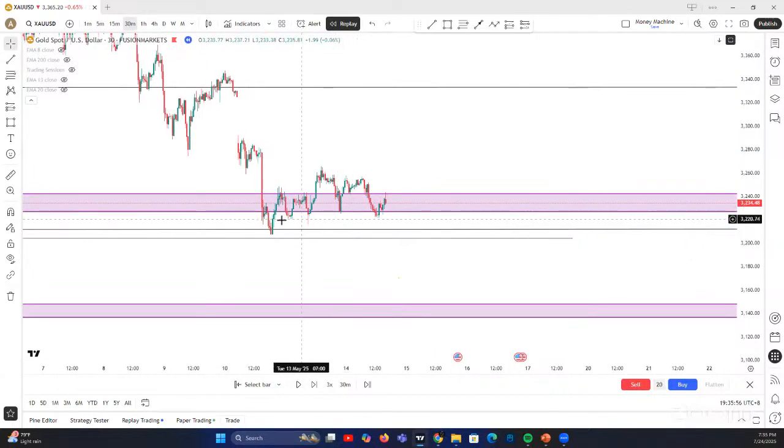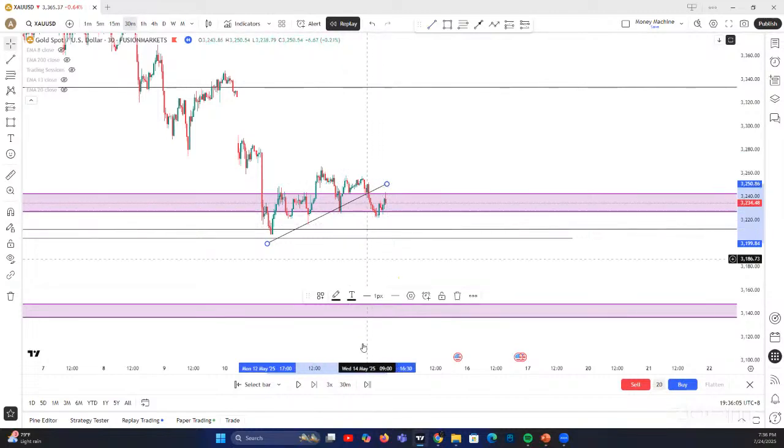As you can see here, there's a trend line here. It's still going down. Let's see. There, more lower lows. So we will not buy at this point. This is the secret sauce, my friend.